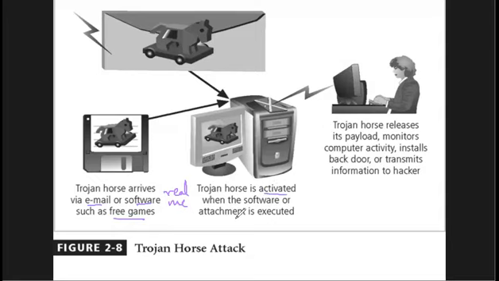When the software is executed, that is, when you play this game or install a particular file, it is going to install a backdoor. This backdoor means the hacker is going to access your system and can steal sensitive information from your system without the person knowing that someone is accessing the system.